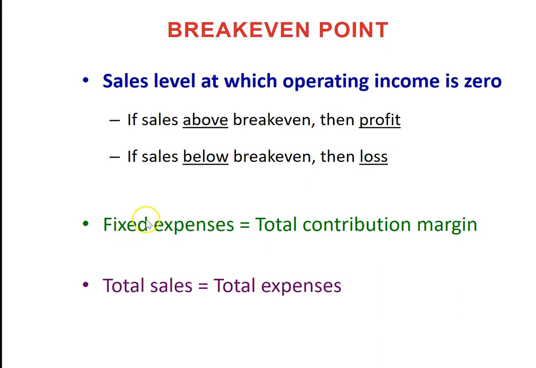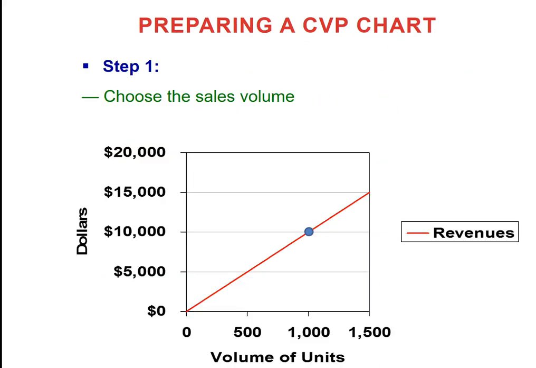So at break-even point, your fixed expenses are equal to total contribution margin, and your total sales revenue is equal to your total expense. Total expense means both fixed and variable expense. So at break-even point, you are not making any profit nor any loss. So at this point, your operating income is zero.